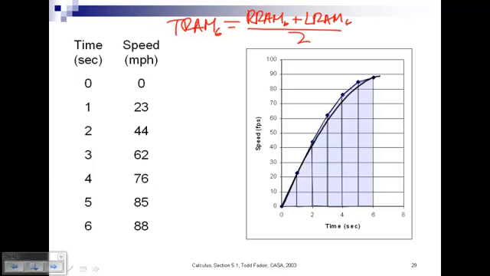The trapezoidal estimate is the average between the LRAM and the RRAM. That's item number 1. So it's like a mix. No, it's not a midpoint. It is not a midpoint.